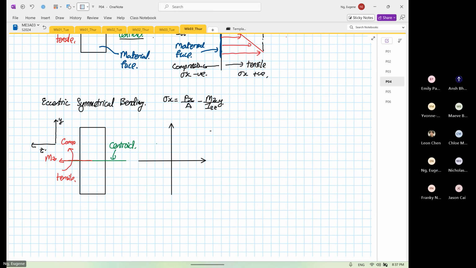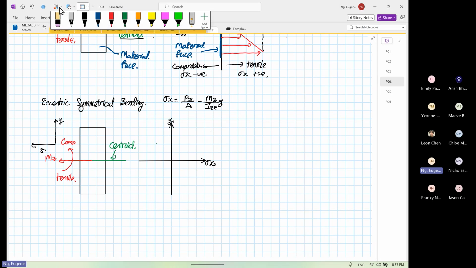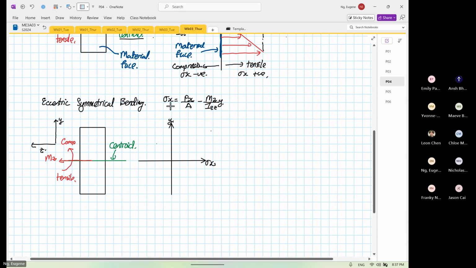The first line I'm going to draw is a straight line.